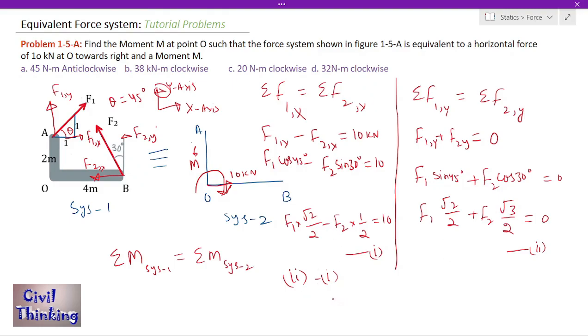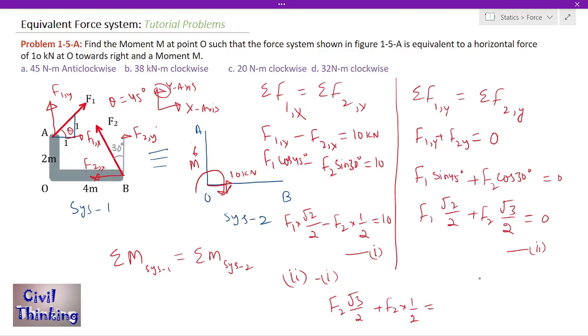So what we will get? We will get f2 square root of 3 divided by 2 plus f2 multiplied by 1 divided by 2, it is equals. Now equation second minus equation first, it is 0 minus 10, right? Because we have subtracted the left hand side of this equation from this equation.